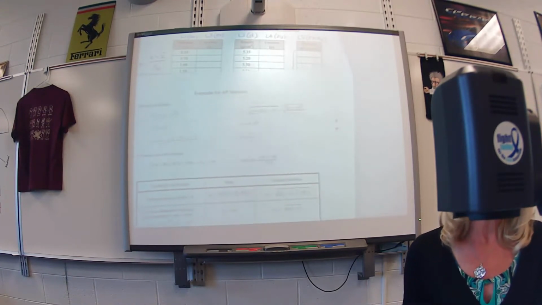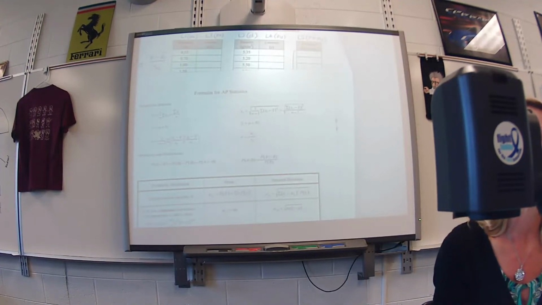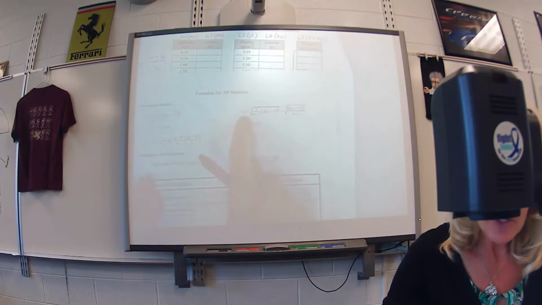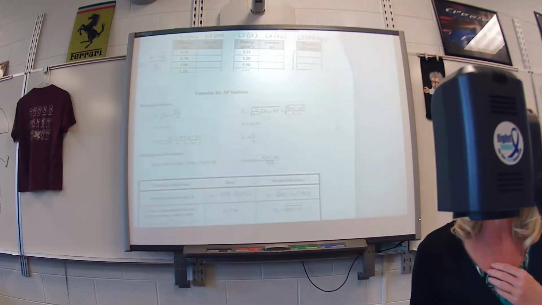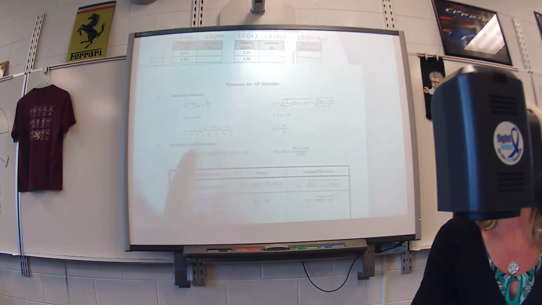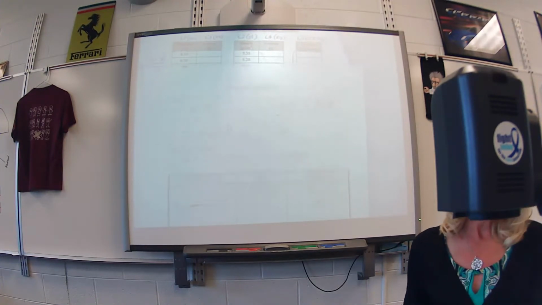I point this out only because it might help you remember that the mean is non-resistant. Well, the standard deviation is calculated using the mean, so it becomes non-resistant. And any other formula that uses those will also now be non-resistant. It just snowballs, okay?